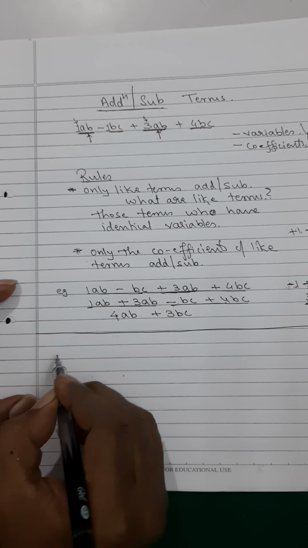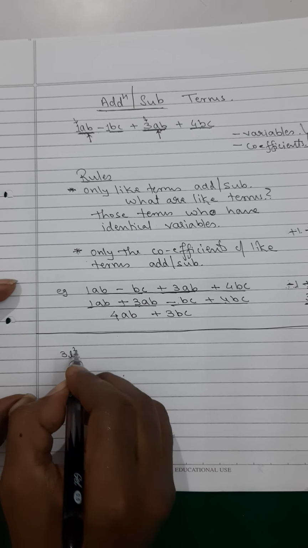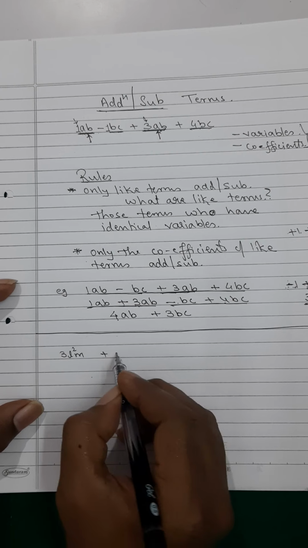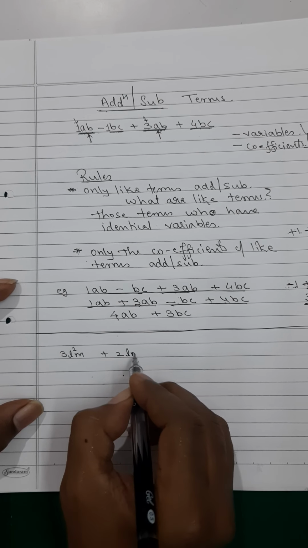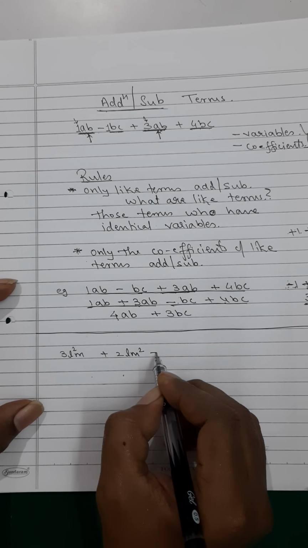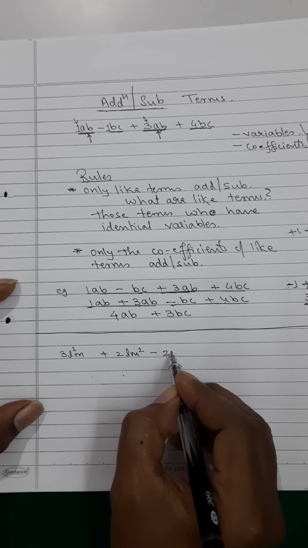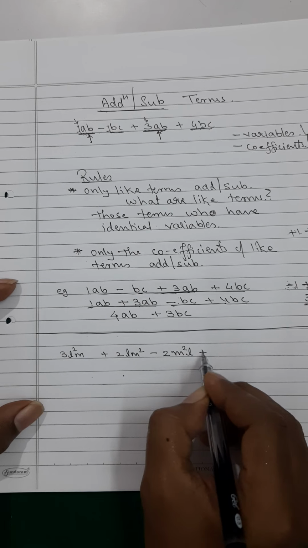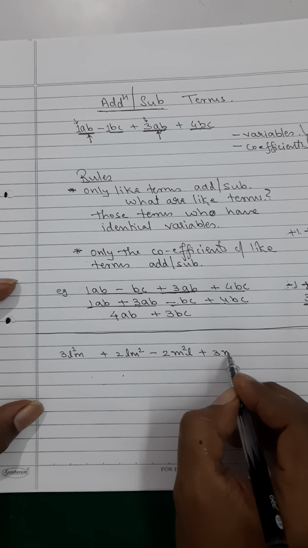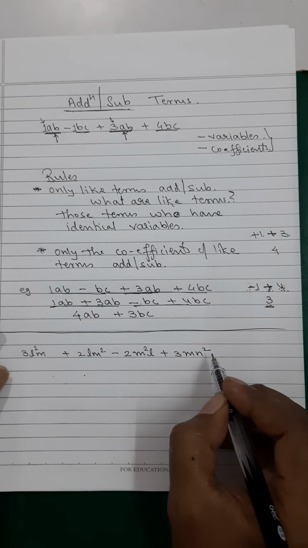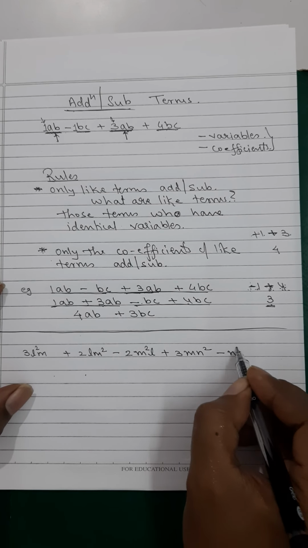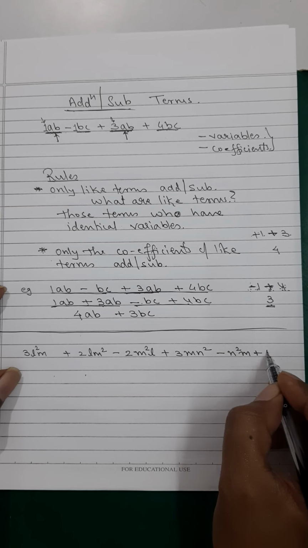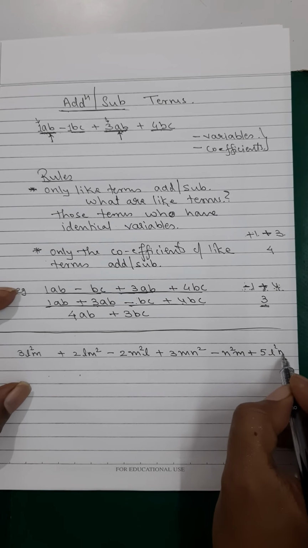Supposing I have got 3l square m plus 2lm square minus 2m square l plus 3mn square minus n square m plus 5l square m.